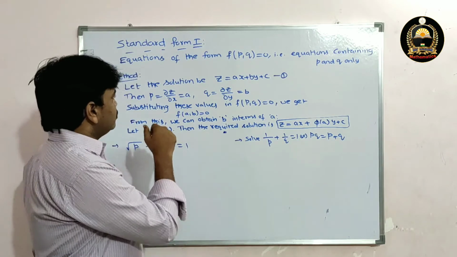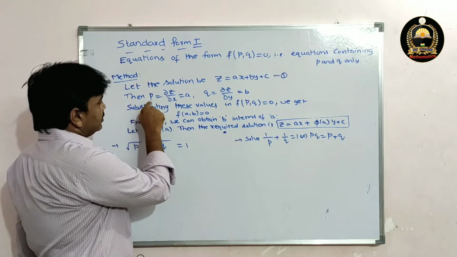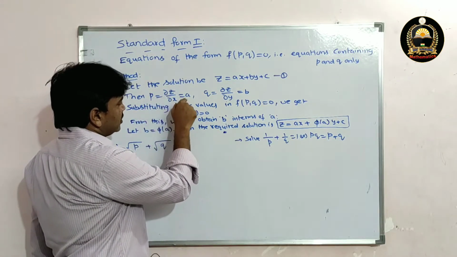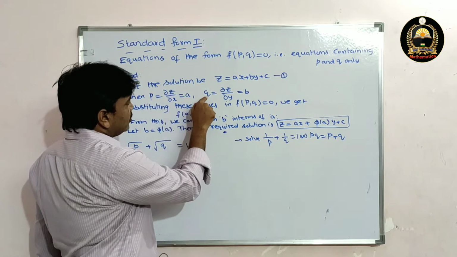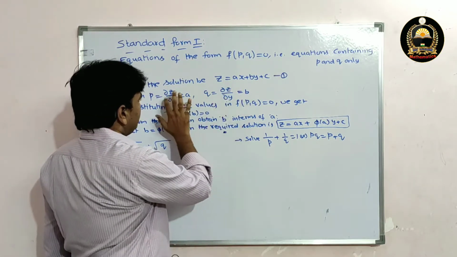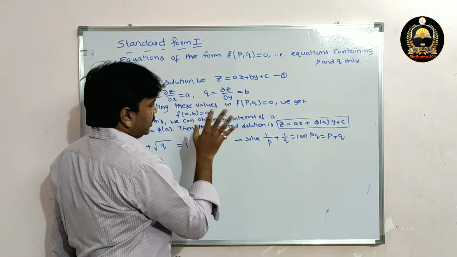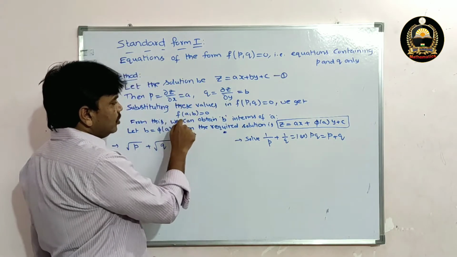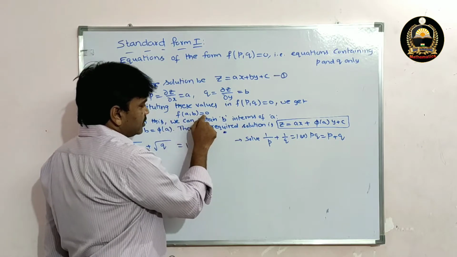Now, p is equal to dou z by dou x. That means p is equal to a, q is equal to b. Write p is equal to a and q is equal to b. Now write f of a comma b is equal to 0.